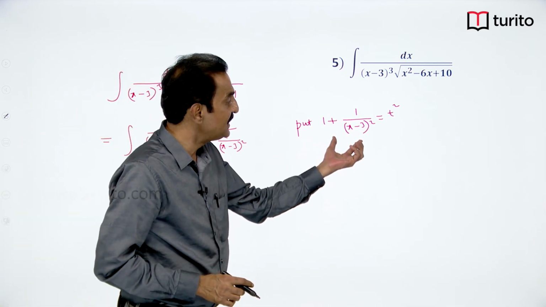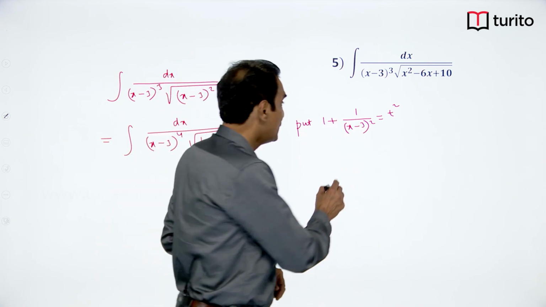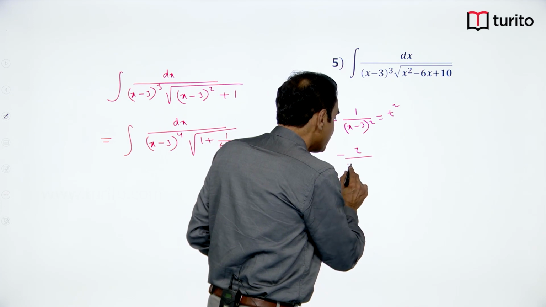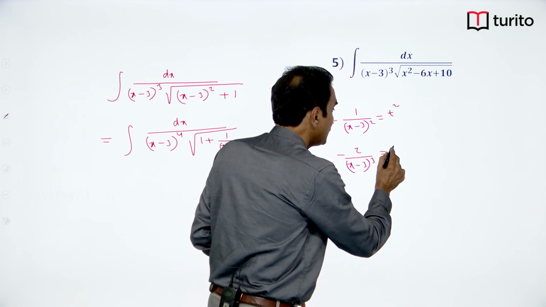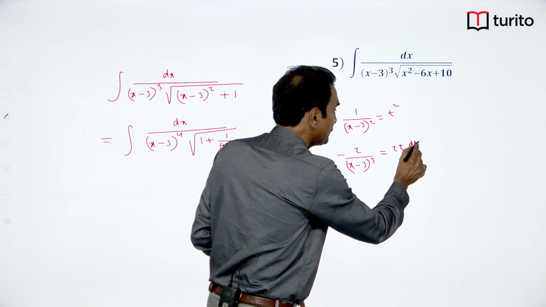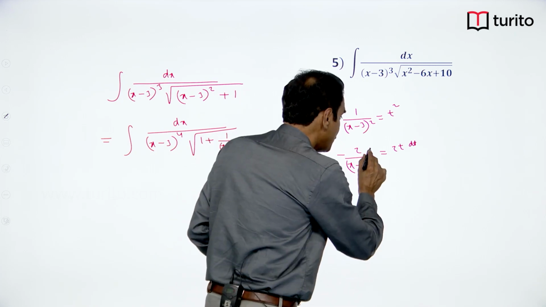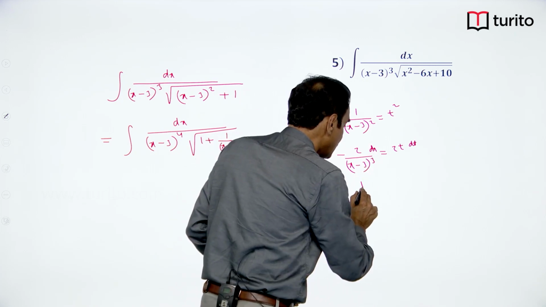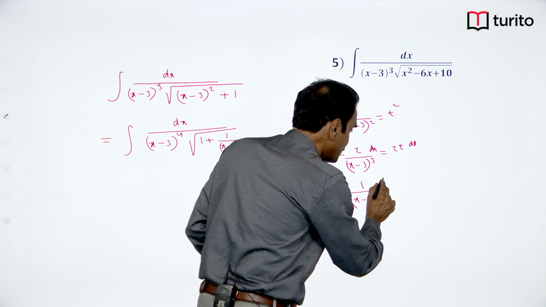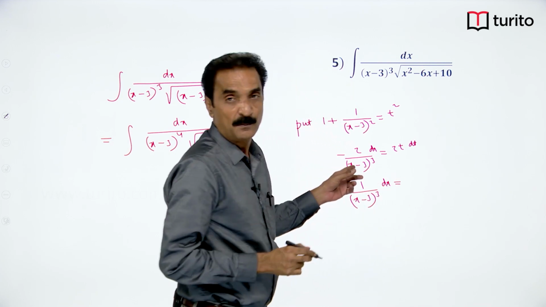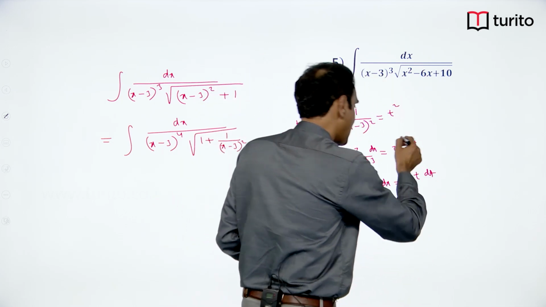Derivative of 1 is 0, derivative of 1 by (x minus 3) whole square is minus 2 by (x minus 3) whole cube, equal to 2t dt. Then 1 by (x minus 3) whole cube into dx will be minus t dt, cancelling 2.